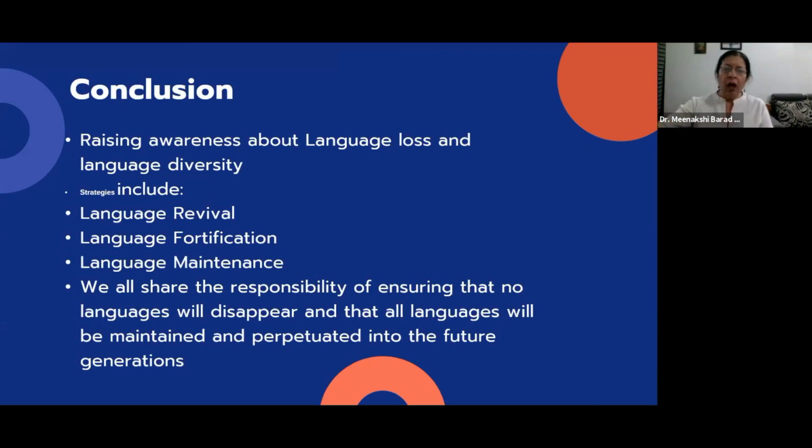Okay. So in conclusion, I would like to say that we all share the responsibility of ensuring that no languages will disappear and that all languages will be maintained and perpetuated into the future generations.